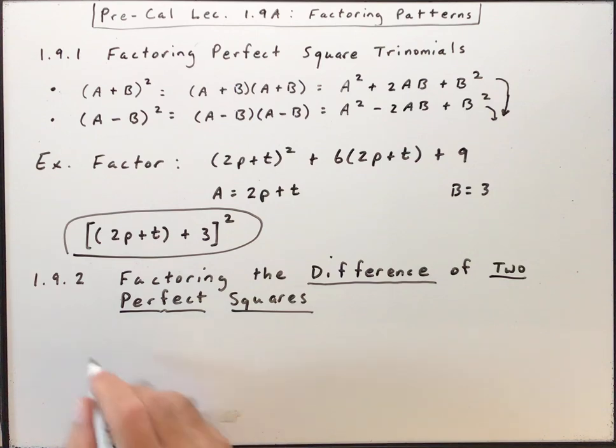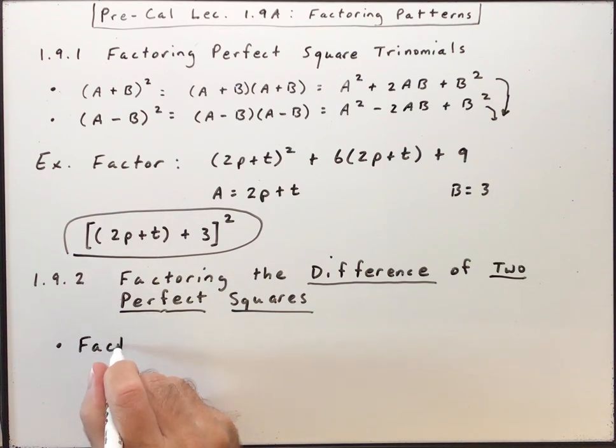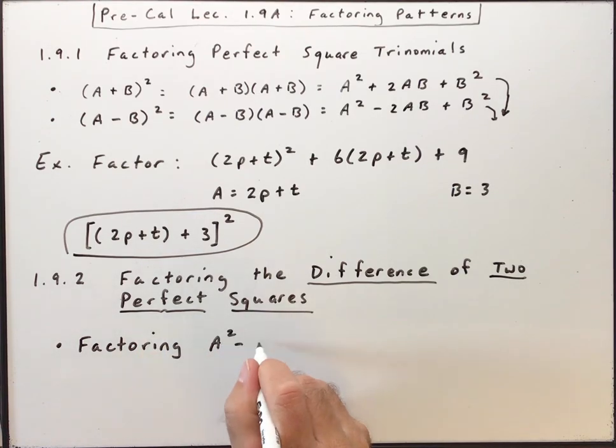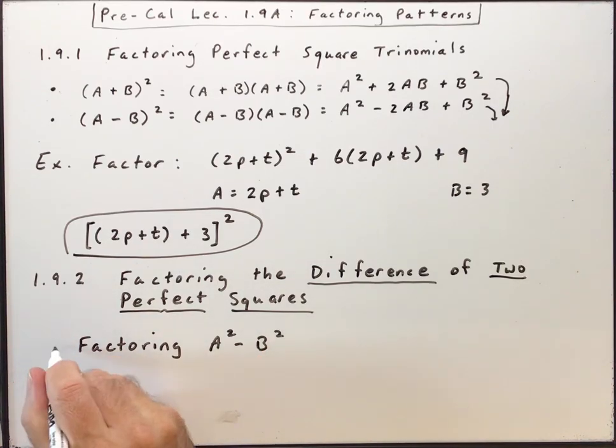All right, what do I mean by that? So what we're going to be doing is factoring a squared minus b squared. Okay, so this is something for you to memorize. So I'm going to put an asterisk if you need to memorize it.